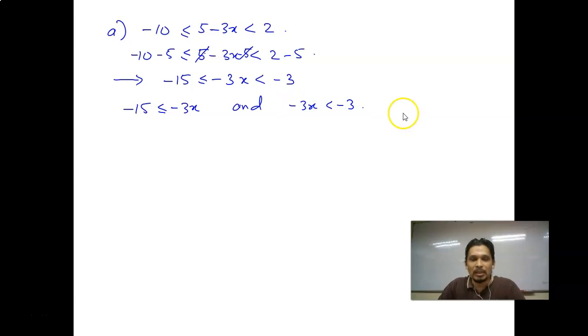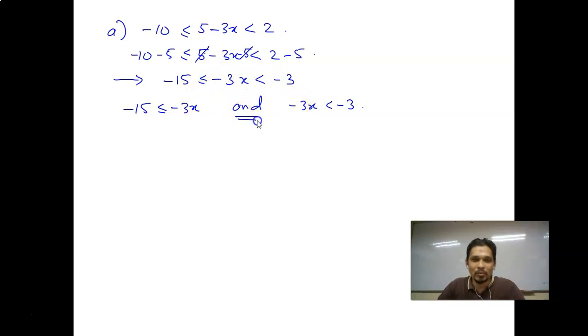I could solve it in this form, but because we divide by negative numbers, it will change the sign of these two. So I surrender, and I now separate this into these two parts.